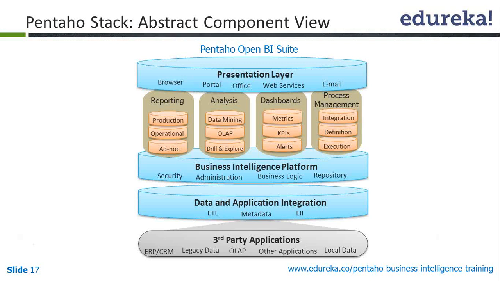For dashboards, you have your KPIs, alerts, charts and graphs. Process management is the integration and execution of the processes. And the business intelligence platform is basically for security, administration, business logic, and the repository, where you can handle it all. And for data and application integration, ETL is the main part, where you can have your data integration done.